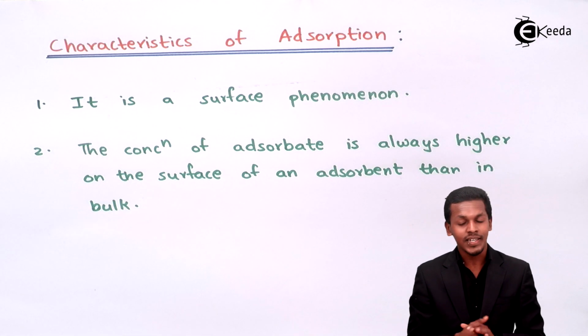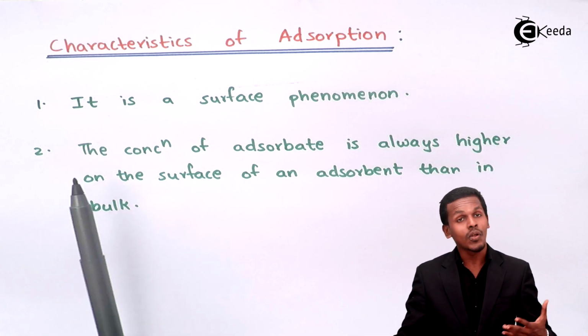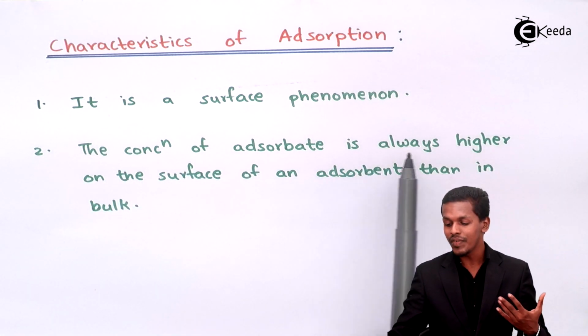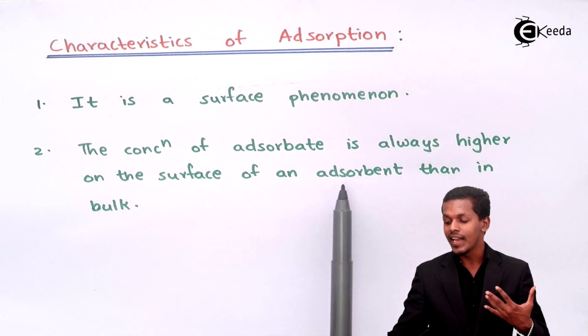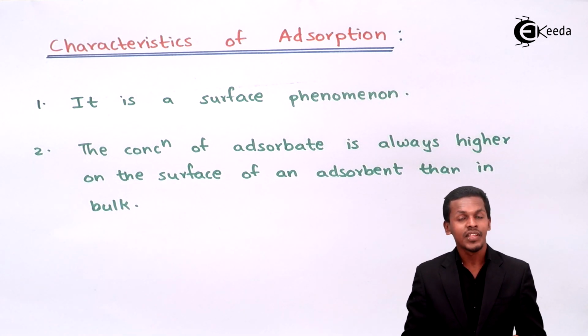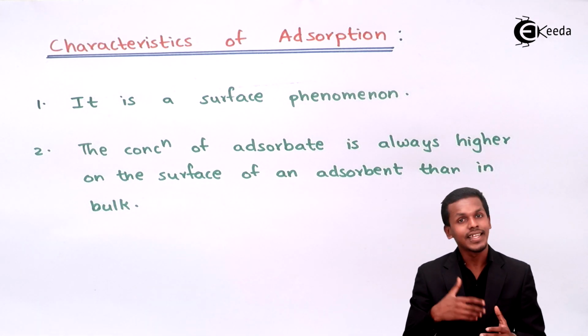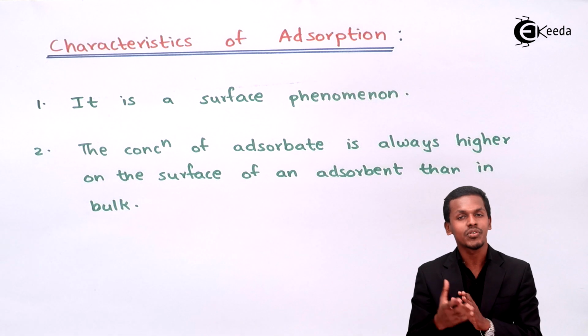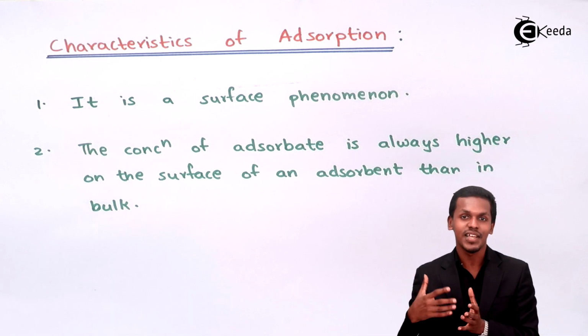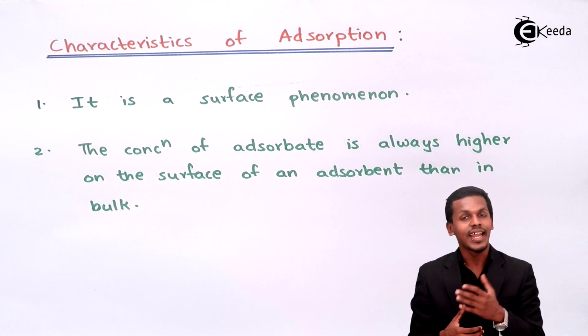Let us talk about the next thing: the concentration of the adsorbate is always higher on the surface of an adsorbent than in the bulk. For example, usually the adsorbates are gases that are deposited on solids, and those solids are the adsorbent.